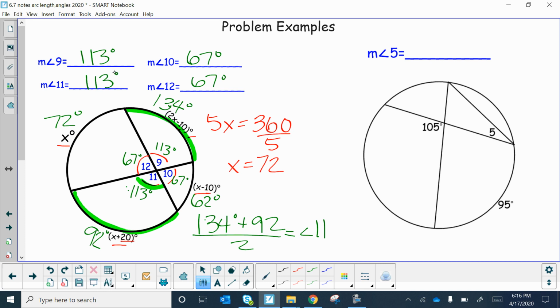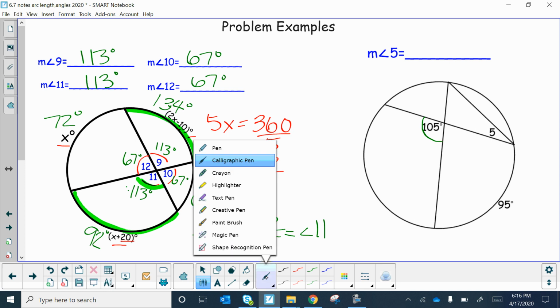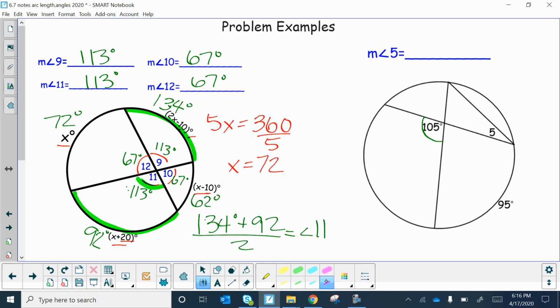113. All right, let's go to this one over here. This one looks like a tough one. We have this angle here, which is 105 degrees. I have this arc over here, which is 95 degrees. And I have to solve for this angle right there, which is angle 5.